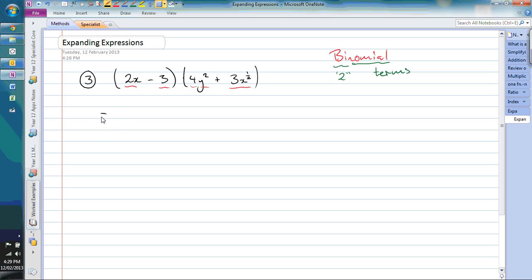Now, to expand a binomial, it's going to be exactly the same as when we had binomials with surds in them. We're going to use the FOIL method. First, outside, inside, last. First terms, outside terms, inside terms, and the last terms.